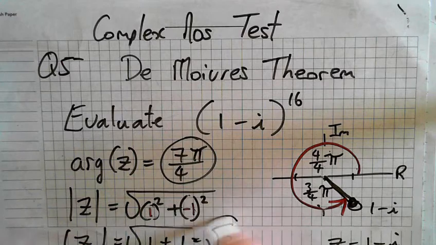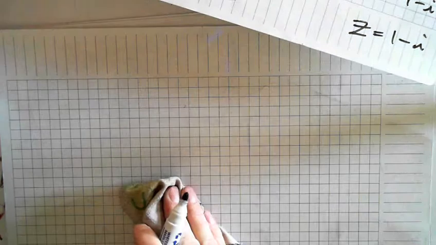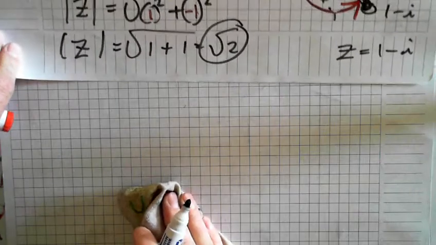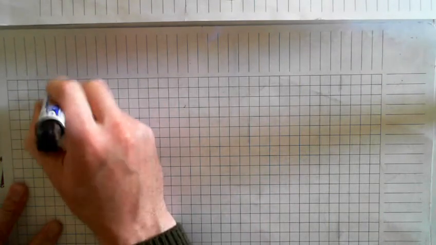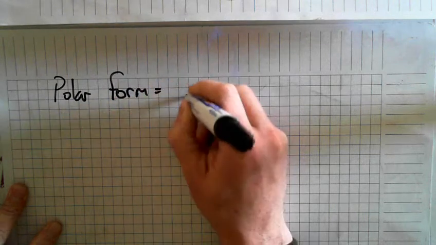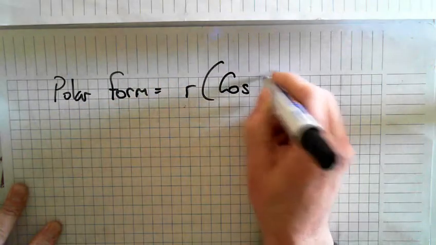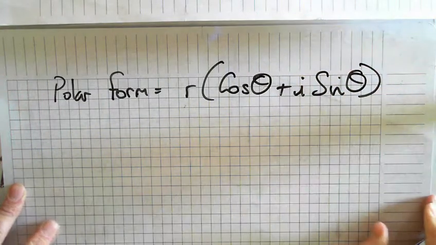So square root of 2 is the radius. So we have the angle and we have the radius. What do you do now? When you have the angle and the radius, you write your polar form formula: r times cos theta plus i sin theta.